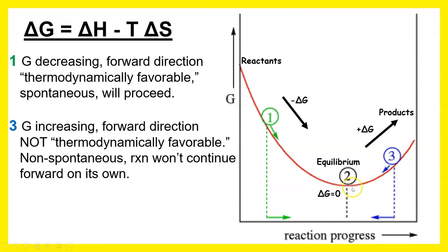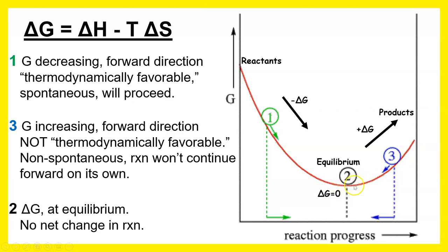When you're at the valley down here, your change in G is 0, and that's when equilibrium occurs because neither side is favorable. You get to equilibrium and you're going to stay there unless you're forced to change, right? Unless some outside force comes in, you're not going to change. Well, isn't this very similar to what we looked at when we were learning about K versus Q?